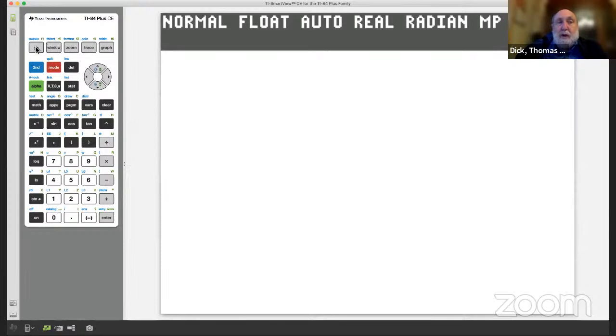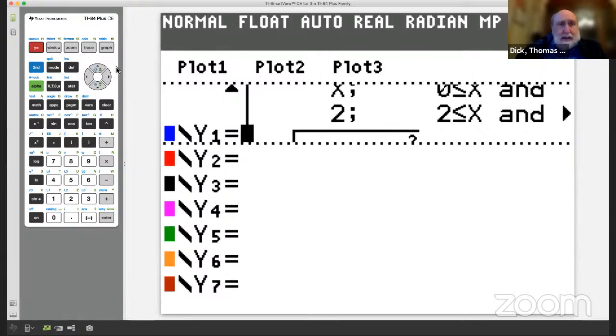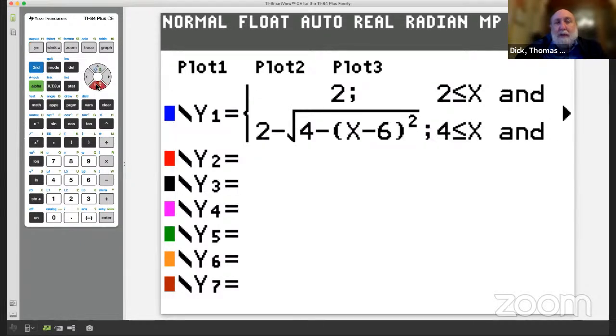So I'm going to go to my y equals menu. And you can see there's something complicated in y1. We'll come back to that later, but I'll go down here to y3. And I'm going to look at that first example that Steve had. And he was integrating from x to 2, this t cubed sine square root of t.